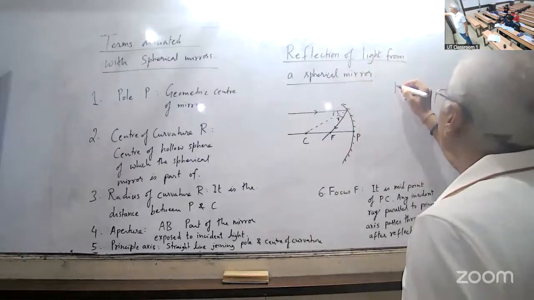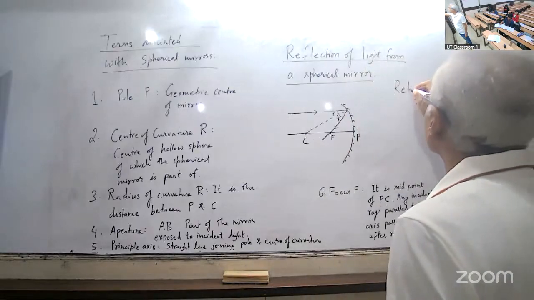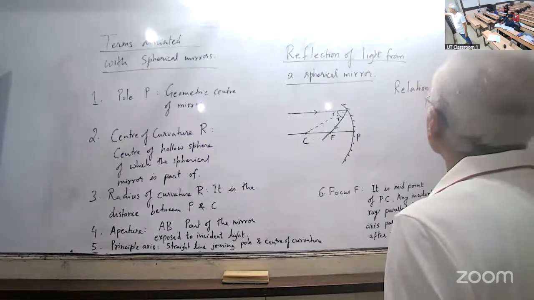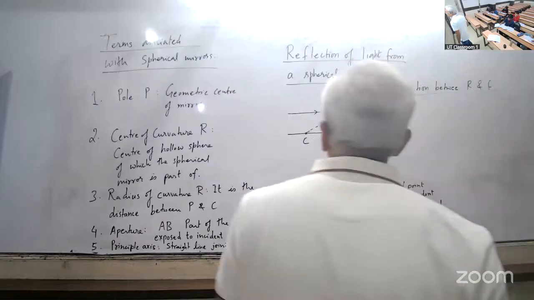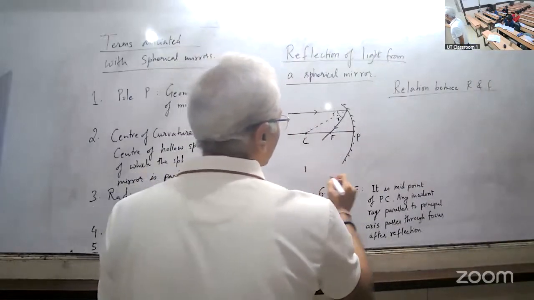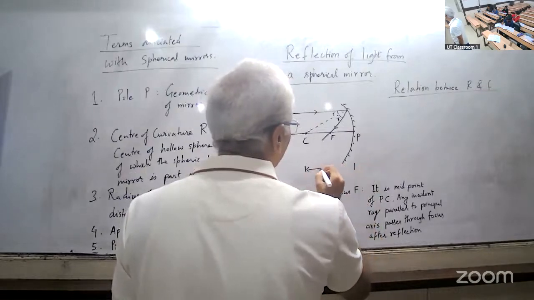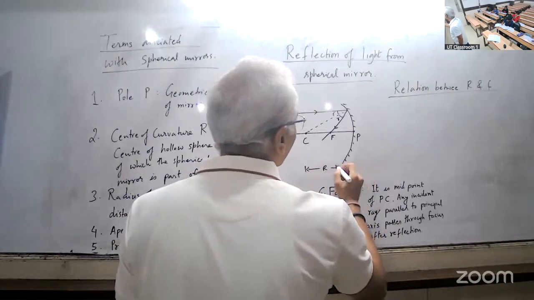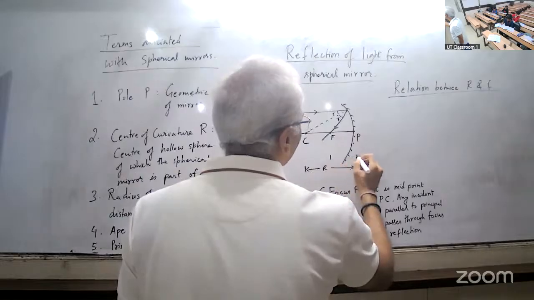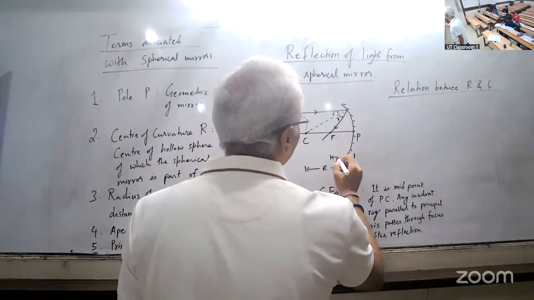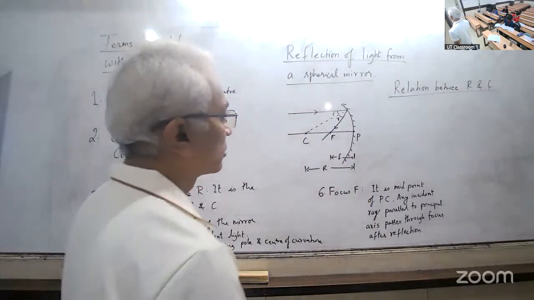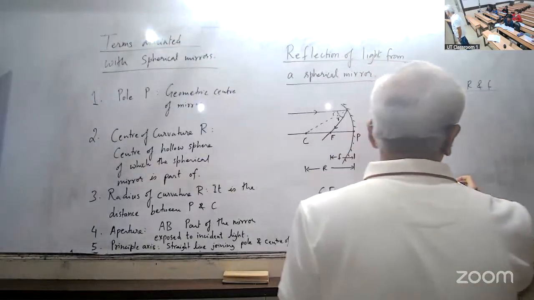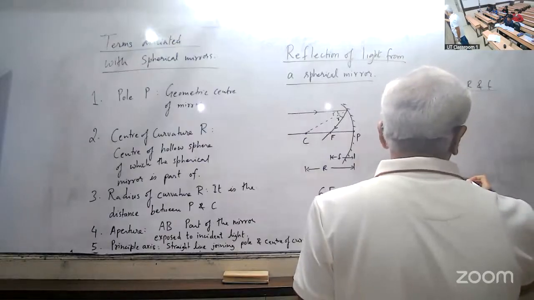So relation between R and F. So what is R? R is the distance from P to C. And F is the distance from P to F. So seventh point is focal length.